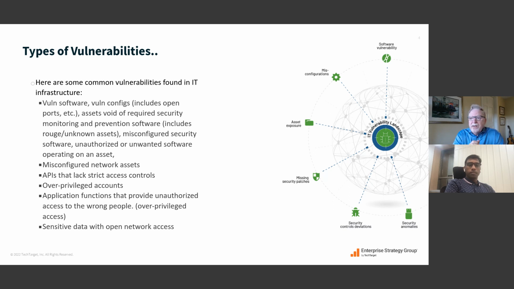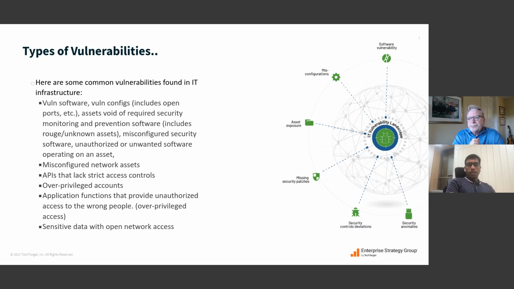Chandra, you have a different view of what a vulnerable system is, and it made so much sense to me when you first described it to me. I thought, well, of course, all of those things make systems vulnerable. But take our audience through your perspective on what it means to have a vulnerable system.